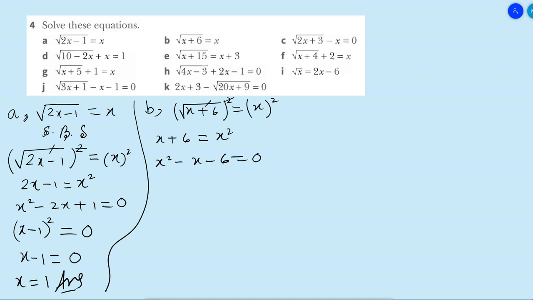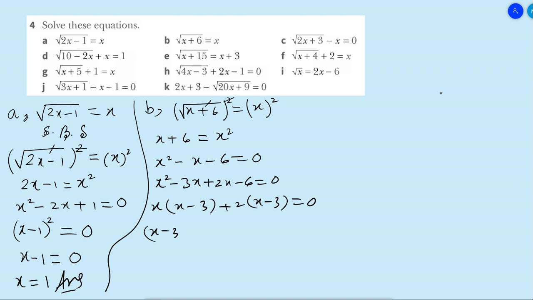This time I am applying the middle term break method to factorize this quadratic equation. Minus 3x plus 2x minus 6 is equals to 0. x minus 3 plus 2 times x minus 3 is equals to 0. x minus 3 times x plus 2 is equals to 0. This implies that x is equals to 3 and x is equals to minus 2.